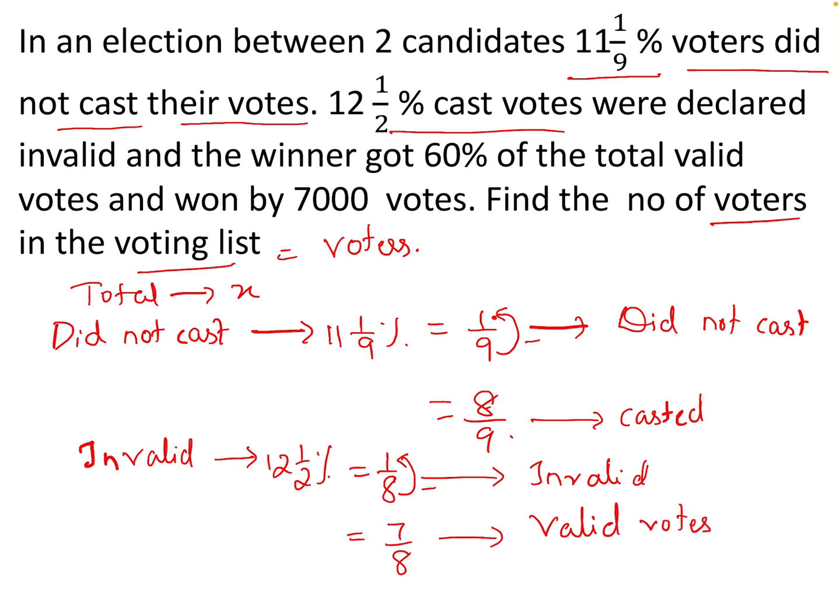Valid votes. Okay. Then the winner got 60% of the total valid votes. Then the loser will get how much? The loser will get 40%. Isn't it?